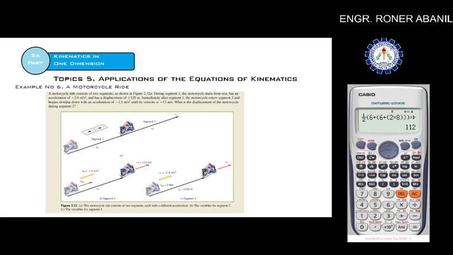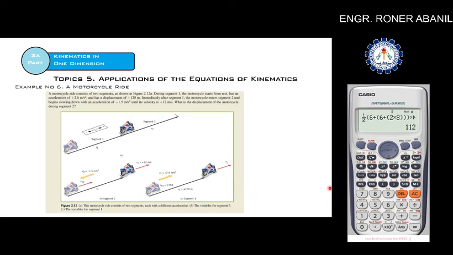So, we have an example here. A motorcycle ride consists of two segments, as shown in figure 2.12a. So, here it is. During segment 1, the motorcycle starts from rest, so it starts at rest, has an acceleration of positive 2.6 meters per second squared and a displacement of positive 120 meters.